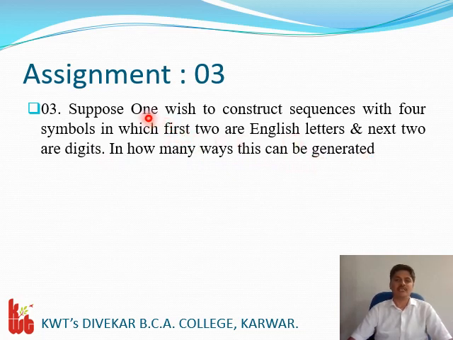Now what is there to be generated? One wishes to construct a sequence with 4 symbols, 1, 2, 3 and 4, four dashes you can put, in which the first 2 boxes should be English letters. Here is an English letter, here you can have A to Z. Similarly here A to Z, right?